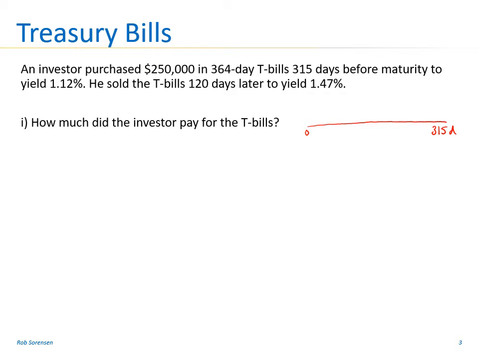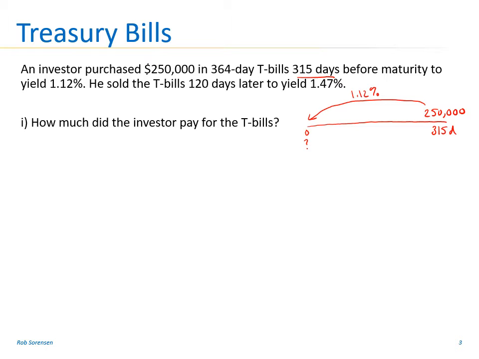I know that the original T-bill said it was longer, but the purchaser bought it 315 days before it was due, so that's how long they're going to have to wait to collect their $250,000. So if we want to work out a price for that investor at this point in time, we can just discount this back at 1.12% for those 315 days, can't we? And that's exactly what I'm going to do.